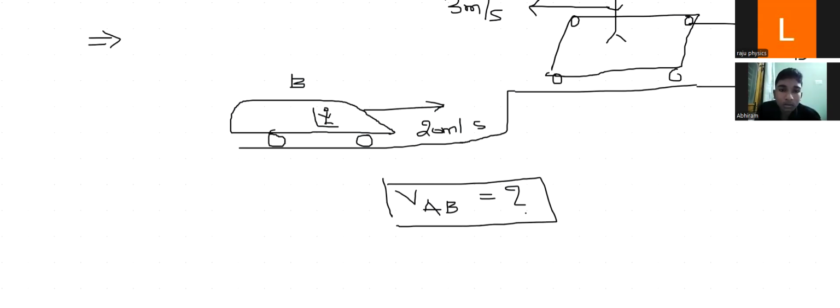Both relative velocities are adding: VA plus VB.